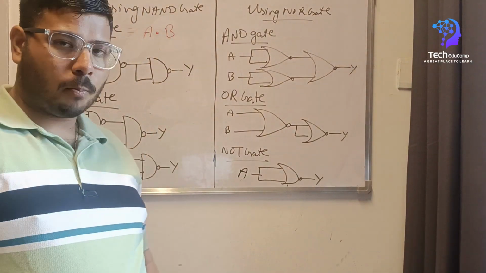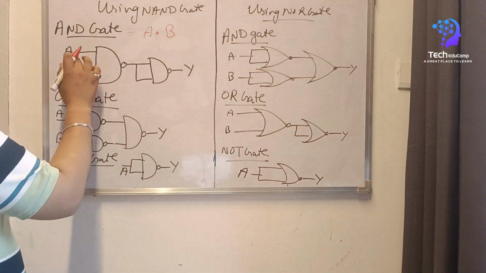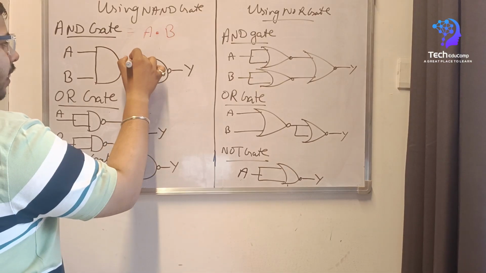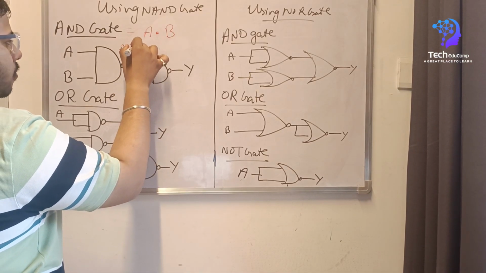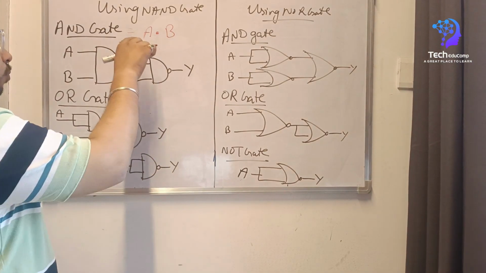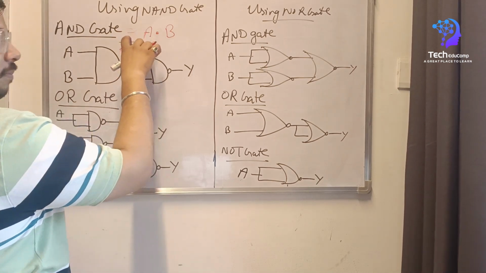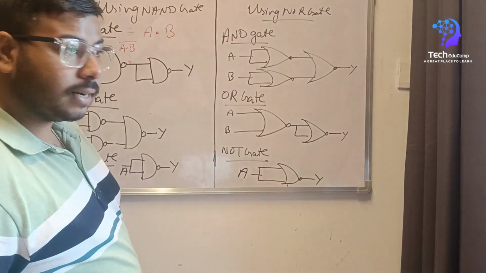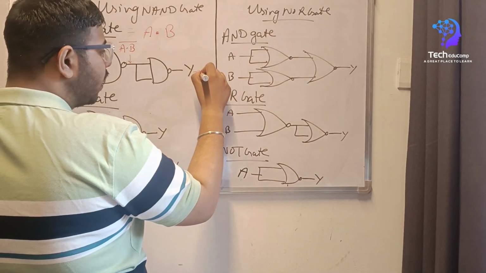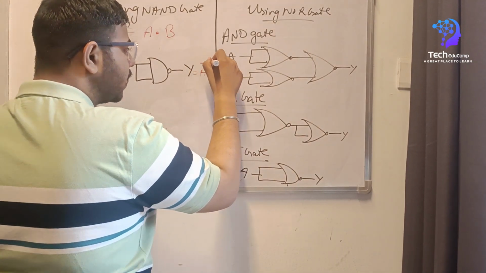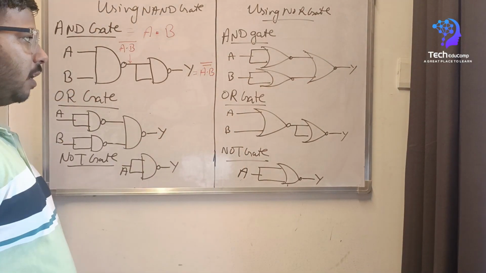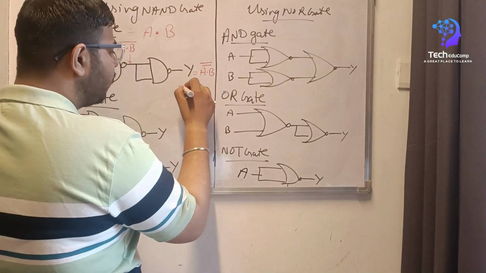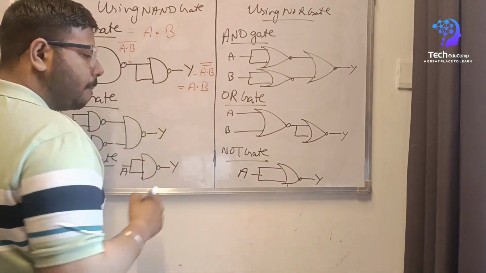So to remove that complement, what we have done is, when we have given 2 inputs A and B in NAND gate, we will get here A dot B bar. Now to remove this bar, we have given the same output as an input in another NAND gate, and this time we will get A dot B bar double bar. Now here the double bar will get cancelled and we will get A dot B here.